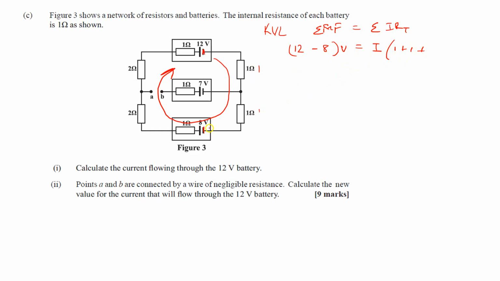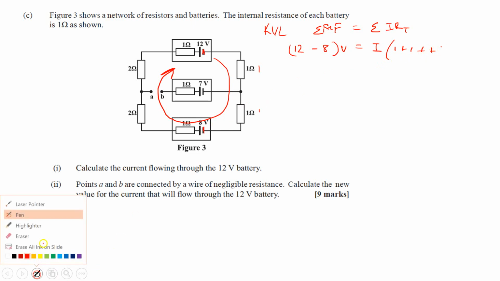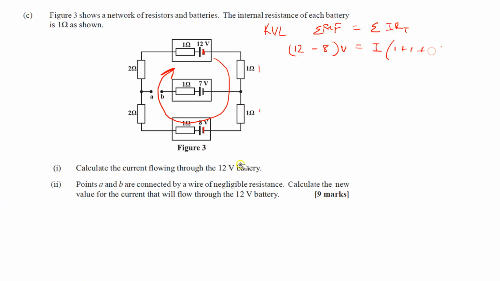And by the way, you should know by now that whenever you're finding the total resistance in a series circuit, we just simply add them up. 2 plus 2, I believe that is, so that is 4, plus... how many of these do we have? Let me check it again. 1, 2, 3, 4. I need another one right here.